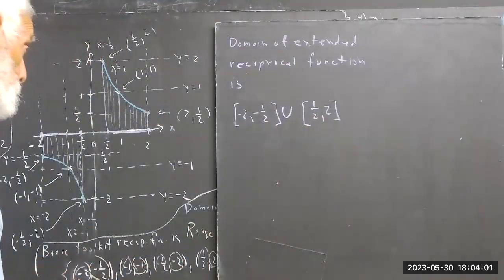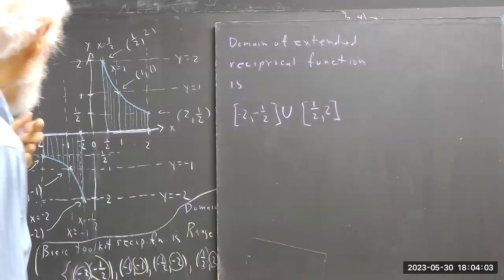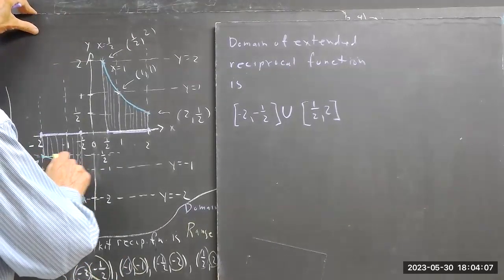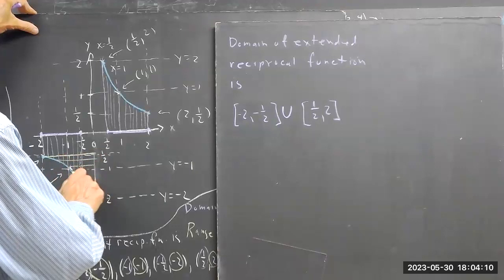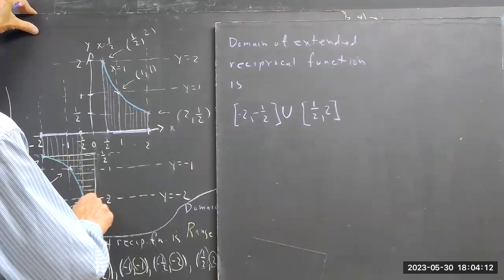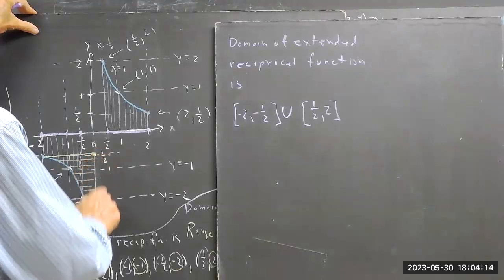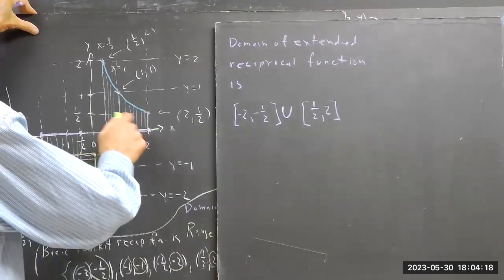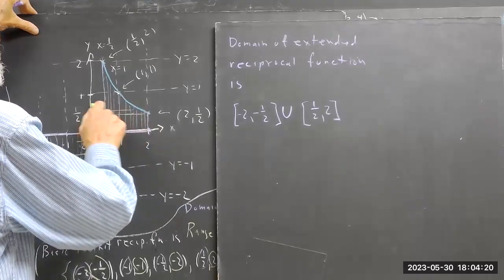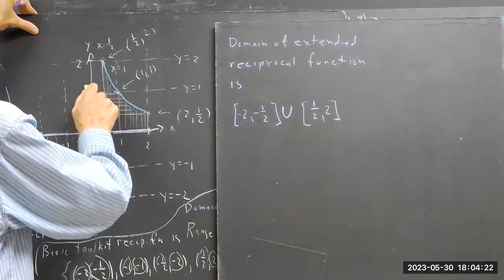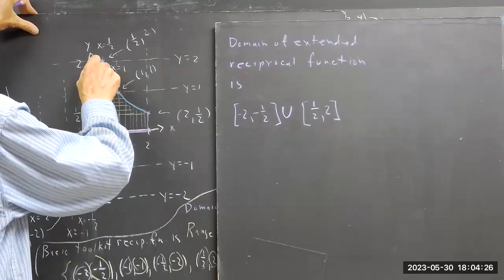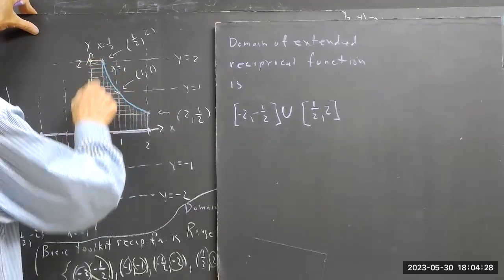All right. If we get the range, which is a set of y values, we can draw a bunch of lines over here. We'll see that our y values can go from -1/2 to -2. And over here, go from 1/2 to 2.